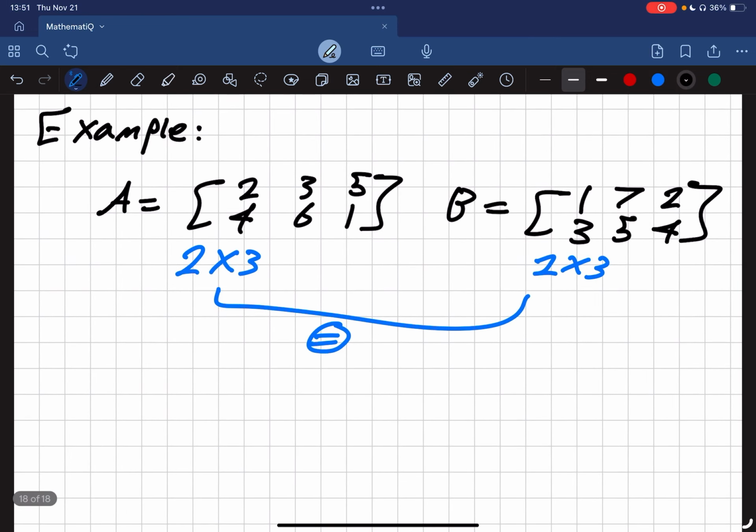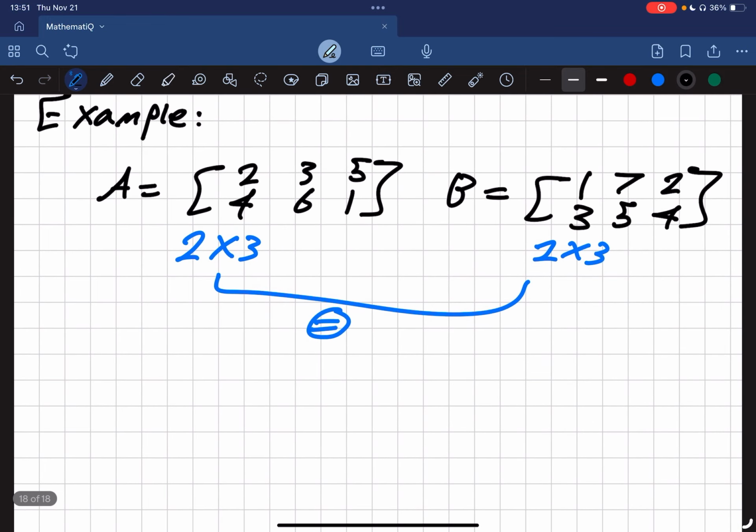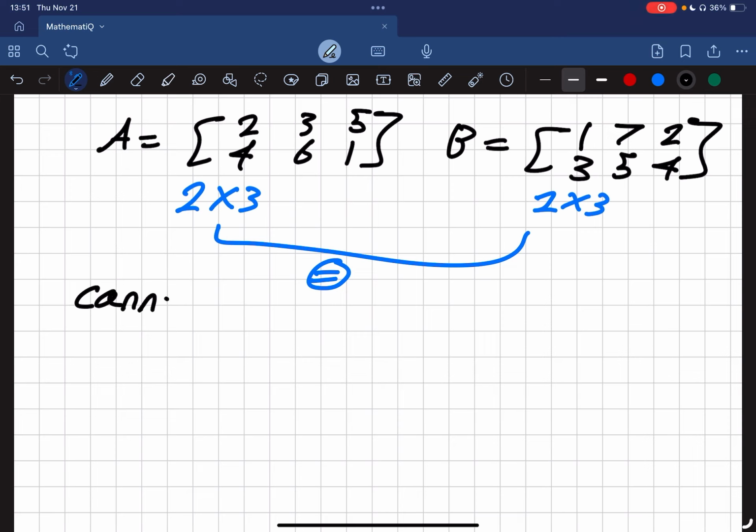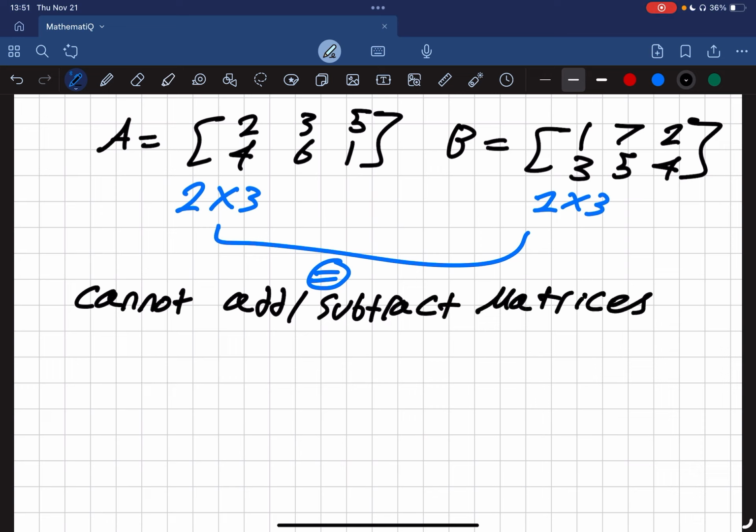Okay? You cannot add or subtract matrices unless their dimensions are equal. So let me write that down. Cannot add or subtract matrices unless they have equal dimensions.